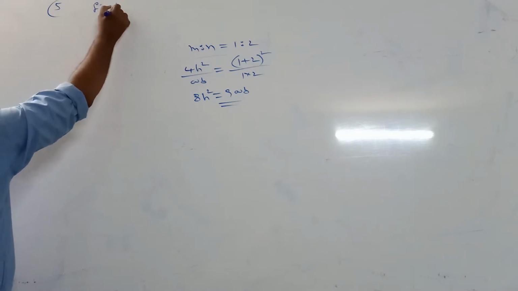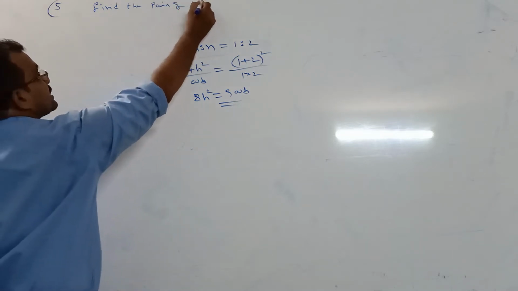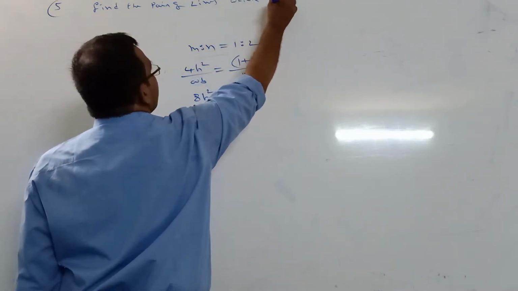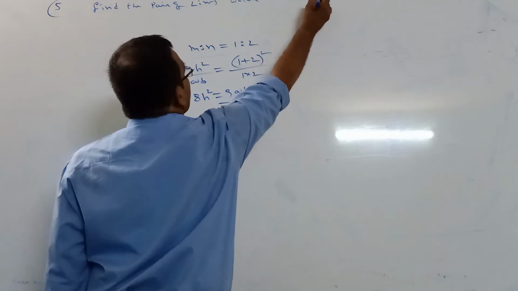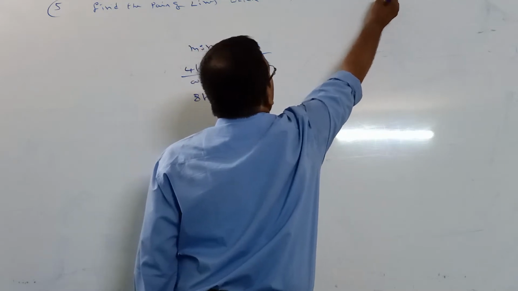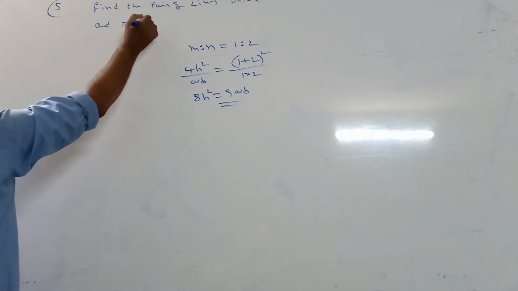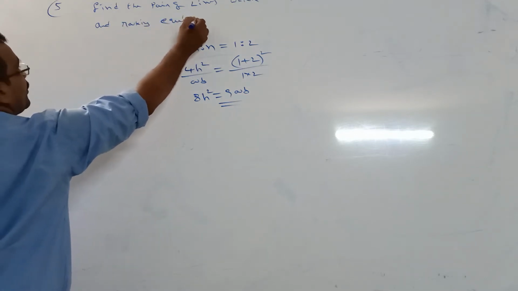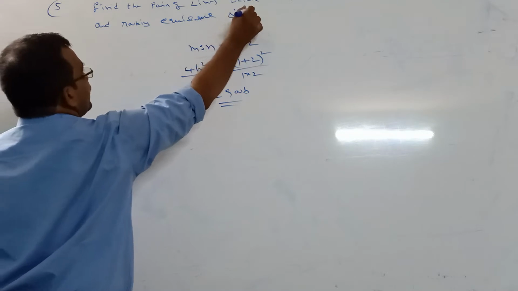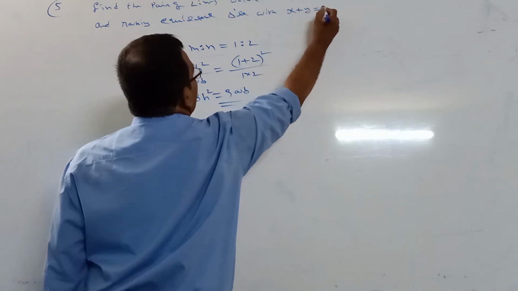Next question, find the pair of lines which are crossing through origin and making an equilateral triangle with x plus y equals 3.